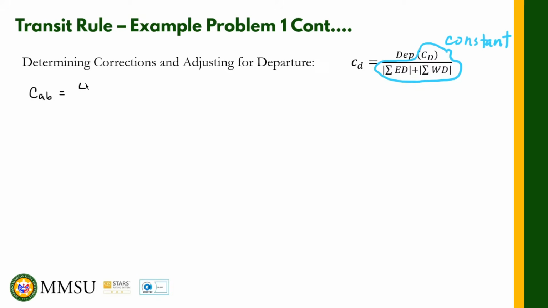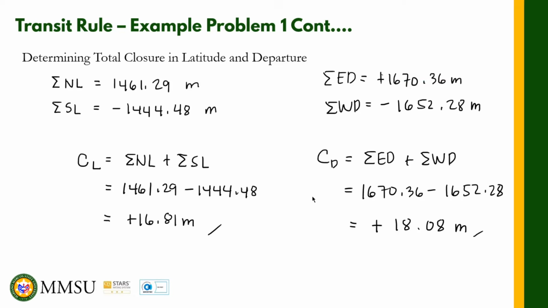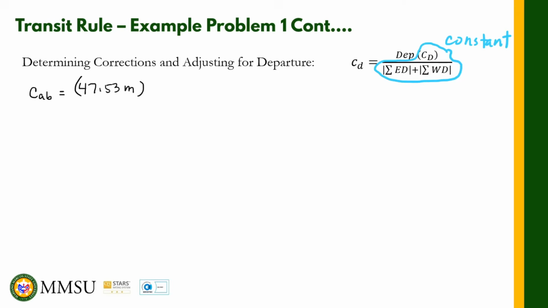We have 47.53 meters multiplied by the total correction, total closure in the departure. This, C sub D, that's 18.08. Okay? Times 18.08 meters divided by the summation of the absolute values of ED and WD.